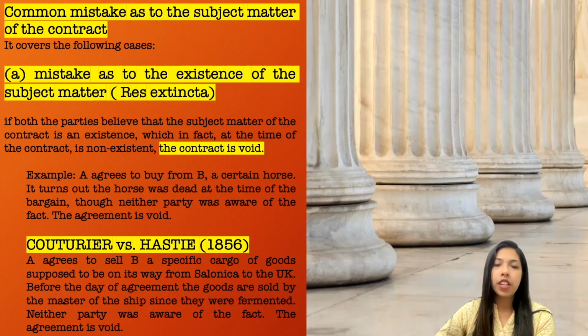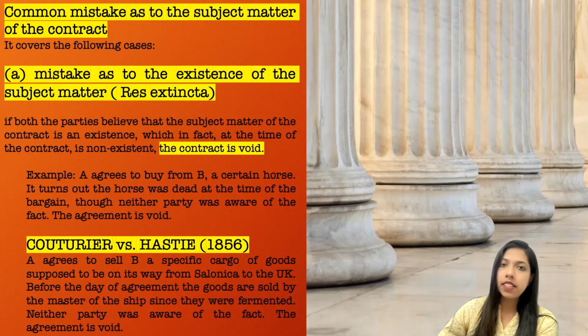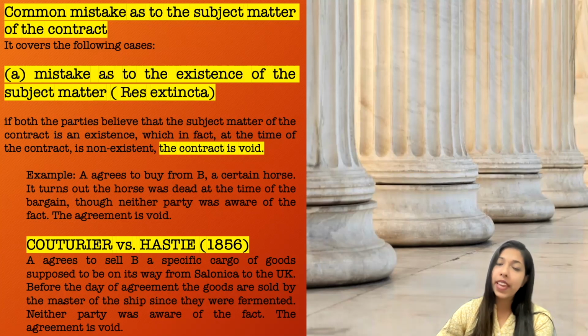In this situation, the subject matter is the horse, and the existence, whether the horse is dead or alive, is what matters. Both parties A and B were mistaken about the existence of the horse. When they get to know that the horse was dead, the situation falls into this concept, and the contract will be void in nature.